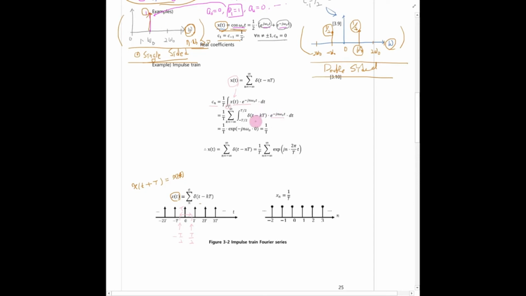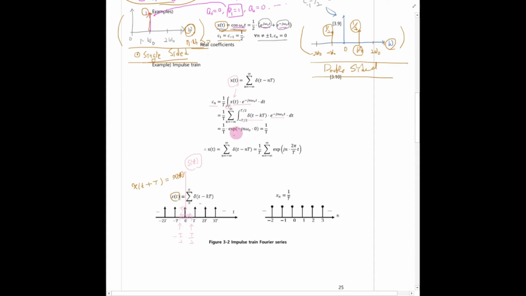We take this product, but we will consider only this period. During this period, only a single delta function exists here. It means that this delta function is delta(t). If we replace delta(t) over here, all the other delta functions do not appear in this period.